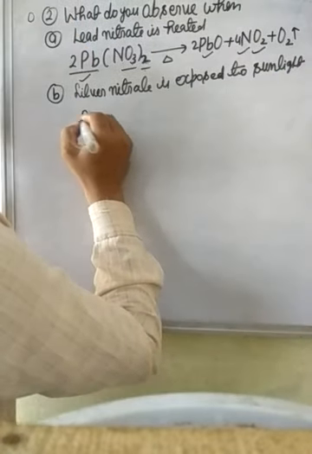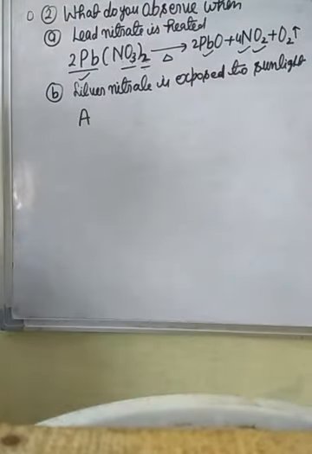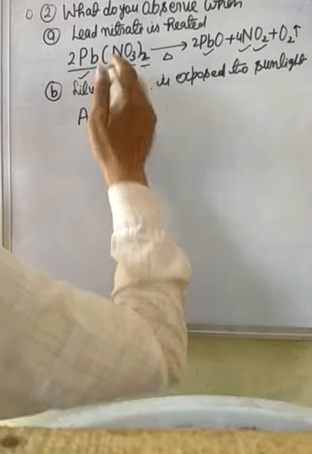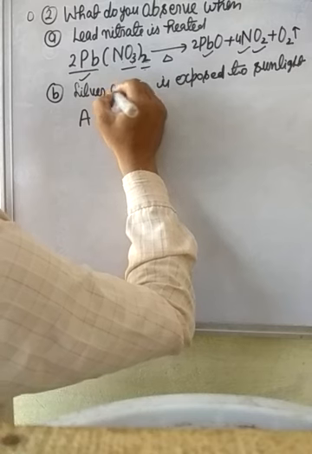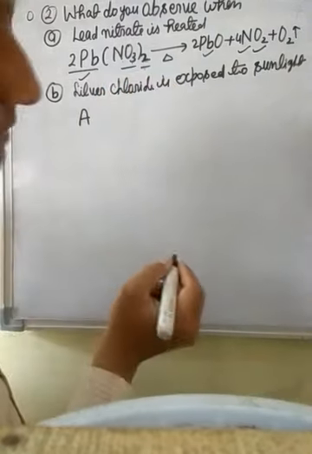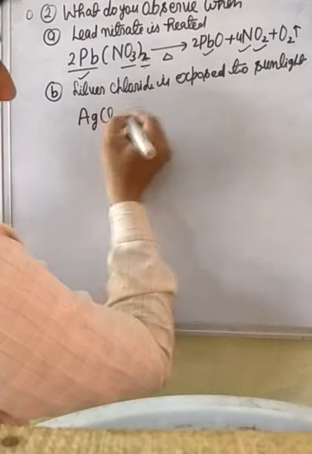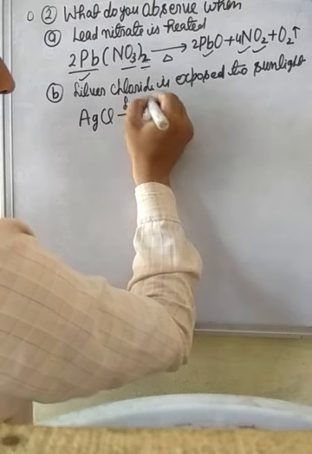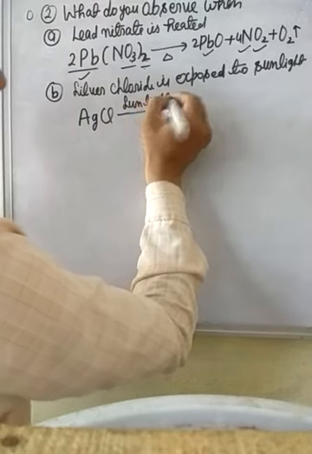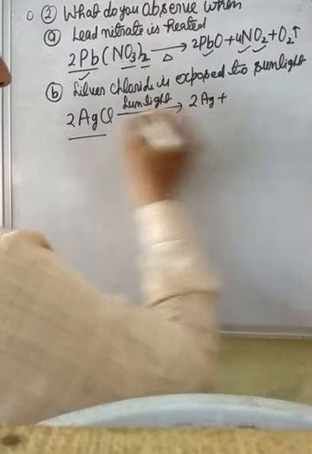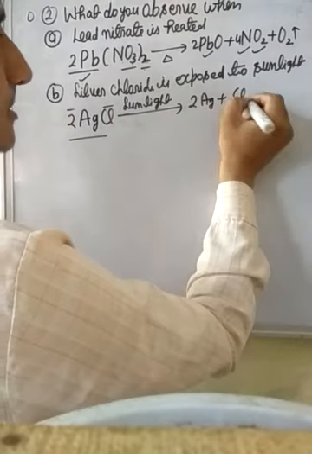Look here, formula of silver chloride. Okay, students, you know very well the formula of silver chloride is AgCl. When we place silver chloride in sunlight, we get gray silver metal plus Cl2, chlorine gas.